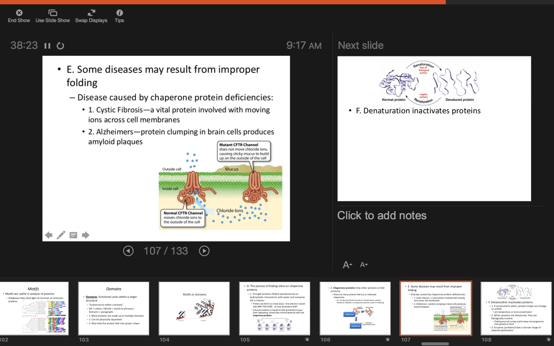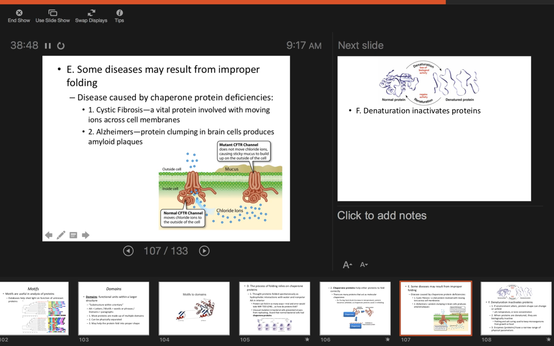So some diseases are caused by improper folding. For example, cystic fibrosis. What's going on here is that a vital protein helps move ions across the cell membrane. So in a normal CFTR channel, we get chloride ions that leave the cell. And what chlorine does is it breaks down mucus buildup.